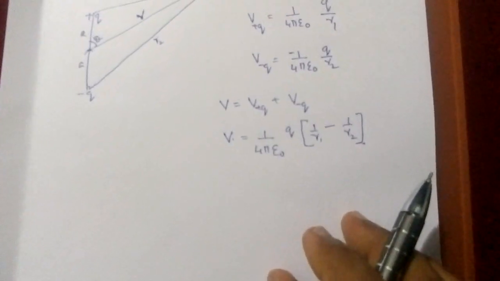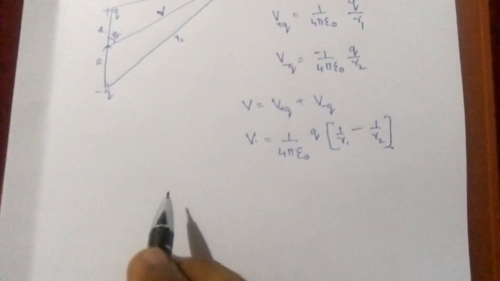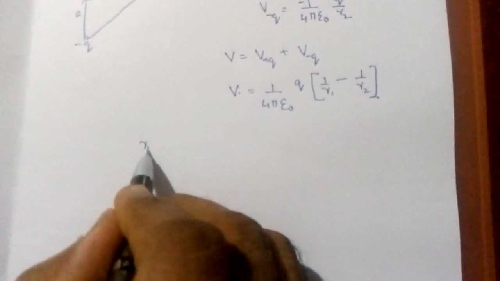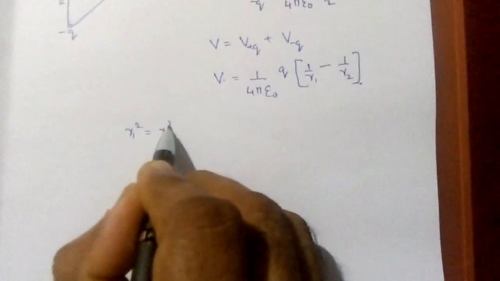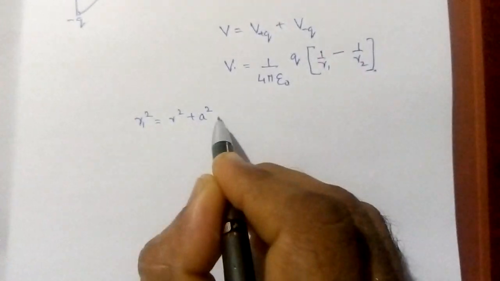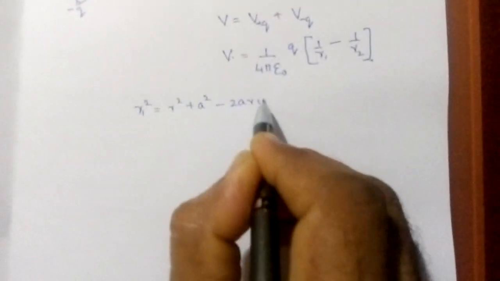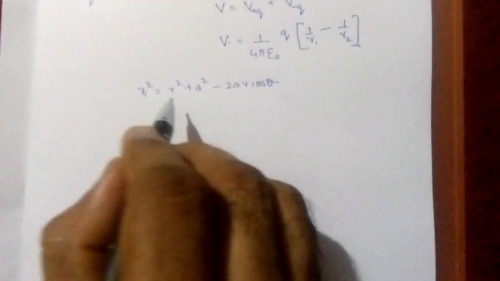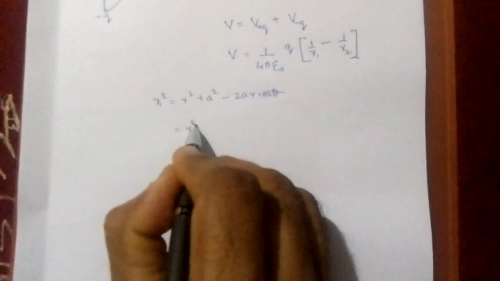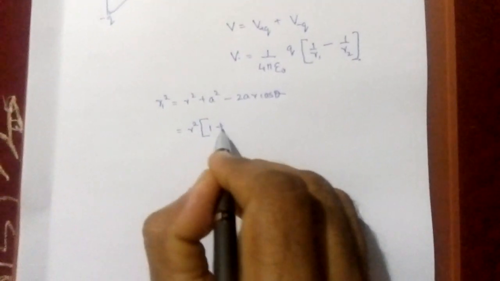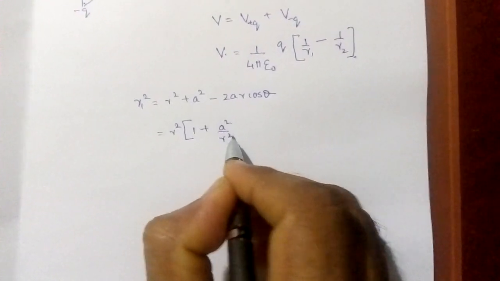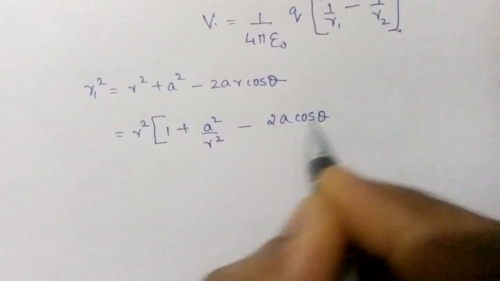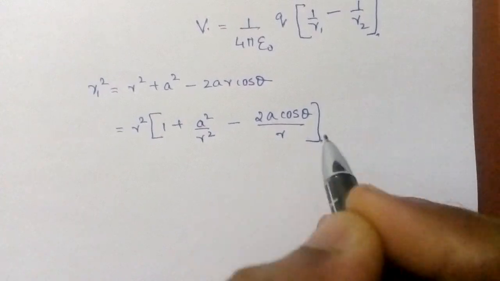Now our question is to find 1 by R1 and 1 by R2. For that purpose we can take the law of cosine. R1 squared is equal to R squared plus A squared minus 2AR cos theta. That is the law of cosine. From this we can simplify: R squared into (1 plus A squared by R squared minus 2A cos theta divided by R).